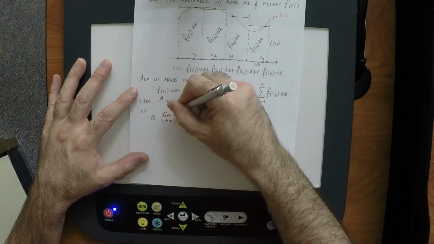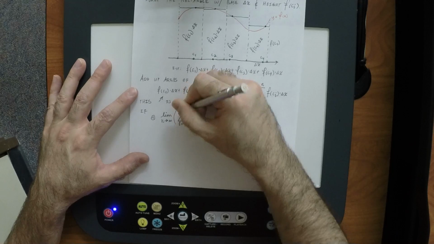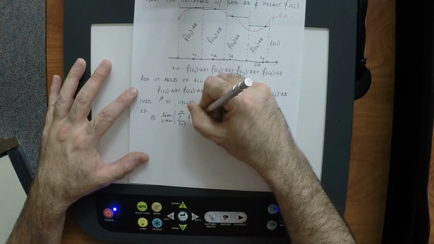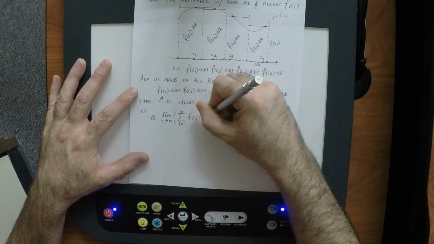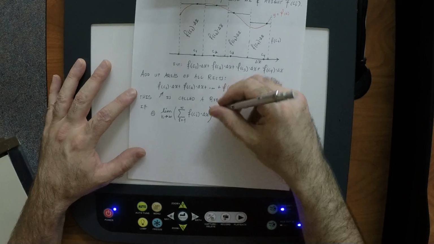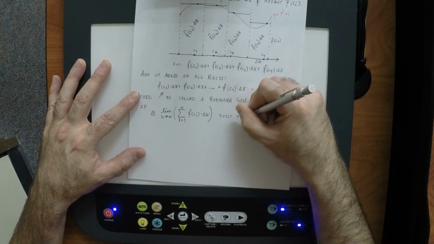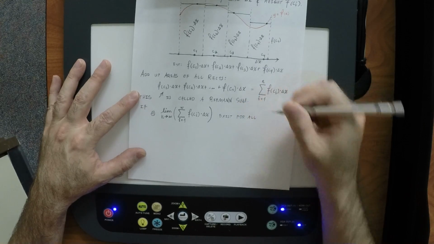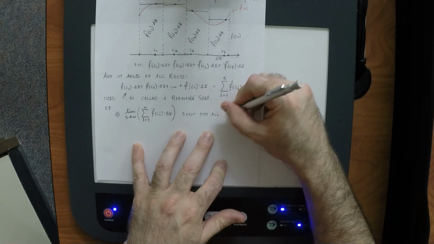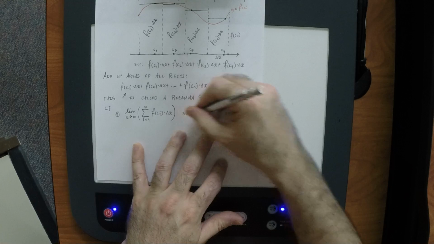So if the limit of the summation from i is 1 to infinity of f of ci delta x, so if this limit exists for all possible samplings.